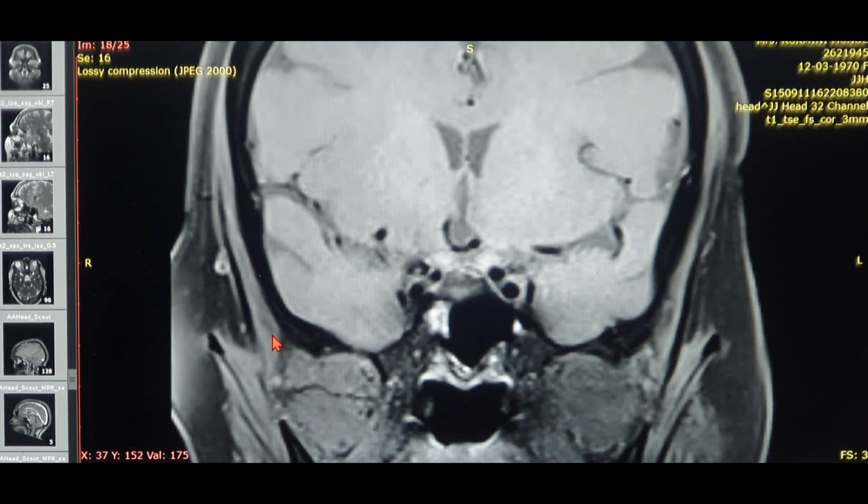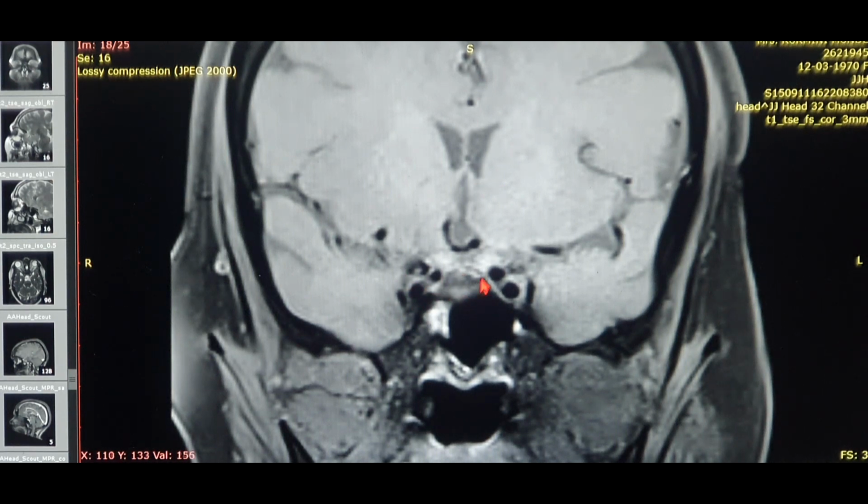Now many people do not know that if given an extra dosage, the gadolinium may act as a harmful substance, may cause meningitis, and may also cause some renal damage. So if patients have pre-existing renal damage, they should not undergo gadolinium contrast. Okay, so this is the area of the cavernous sinus over here.